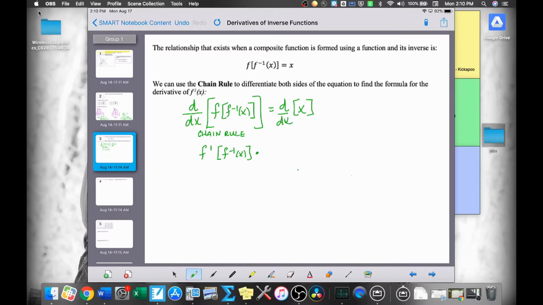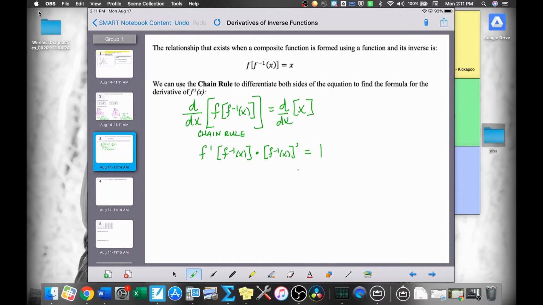Well, how do we write the derivative of f inverse of x? We put the f inverse of x in a bracket, and then we put the little derivative tick mark after it. Okay, so this is the derivative of the outer at the inner times the derivative of the inner. And we know that this is equal to the derivative of x, which is 1.